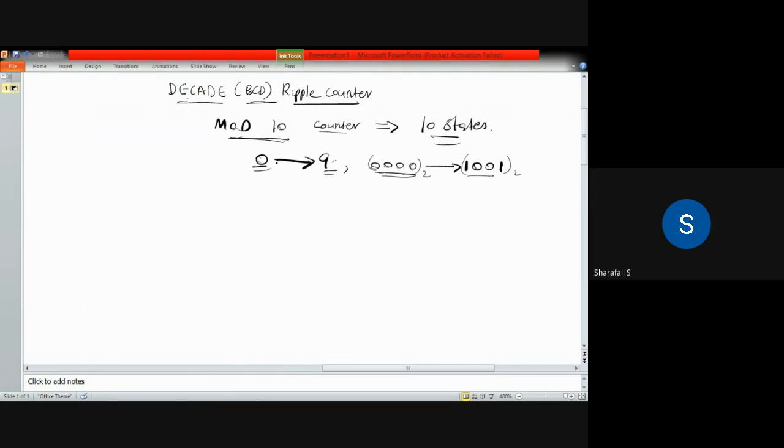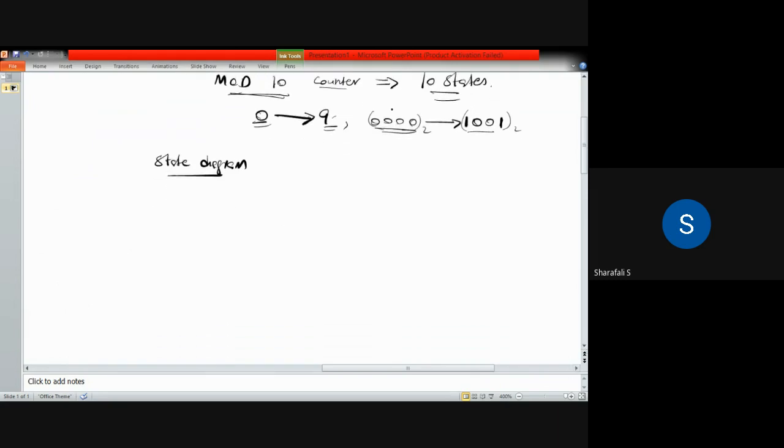Now, if you consider the state diagram, what will be the state diagram of this decade counter? You have to consider different states from 0, 0, 0, 0 to 1, 0, 0, 1.